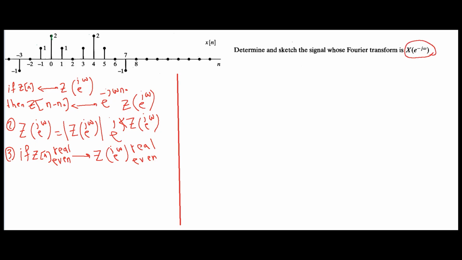In the next part, we are asked to find the inverse Fourier transform of X(e to the power minus j omega). We recall that if the Fourier transform of z[n] is Z(e to the power j omega), then the Fourier transform of z[minus n] is Z(e to the power minus j omega).